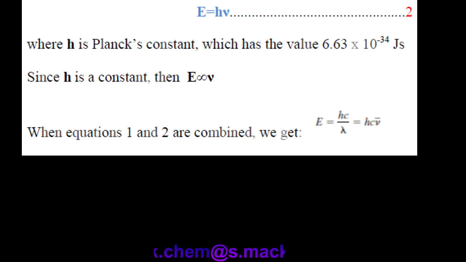And what we're going to see next to that is hc with a symbol which is used to represent wave number. Now, wave number is the inverse of wavelength. I want to talk about it a little bit.